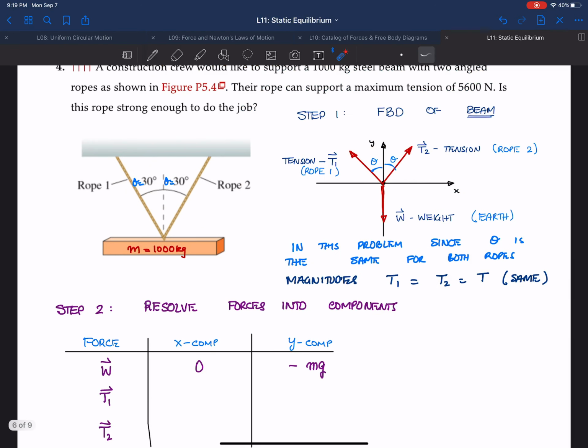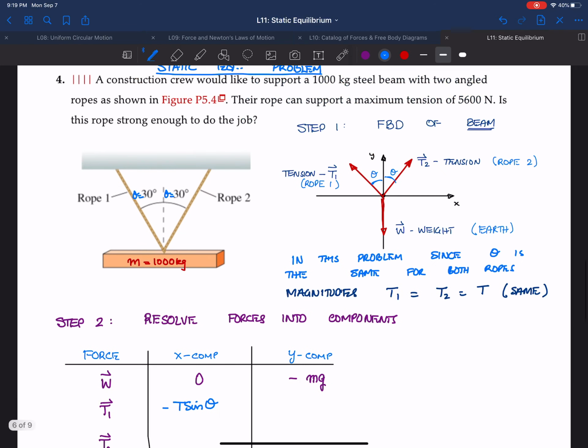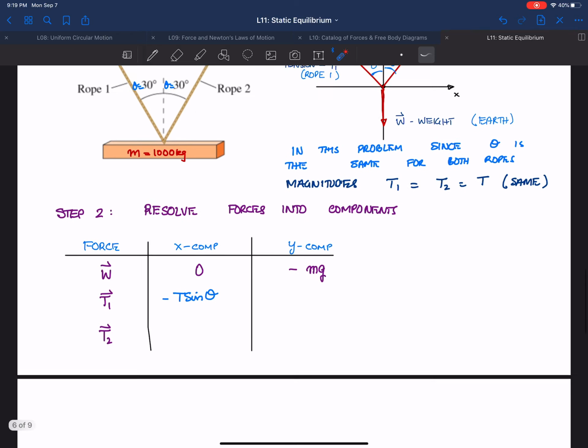Now we look at the tension T1. That's on the rope to the left. Based on this angle out here, the x component is negative T sine theta. That's the best I can do because I don't know what that tension is. And the y component, looking at this picture, that is the x component, that's the y component, which is T cosine theta.